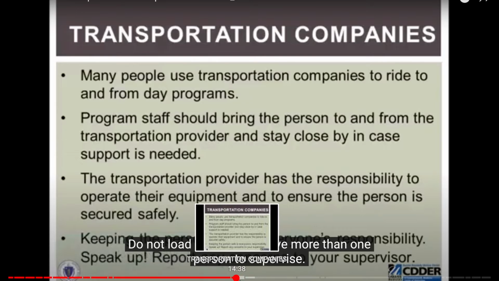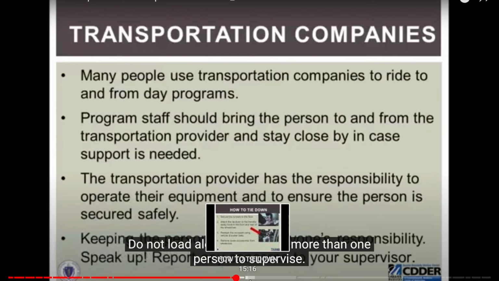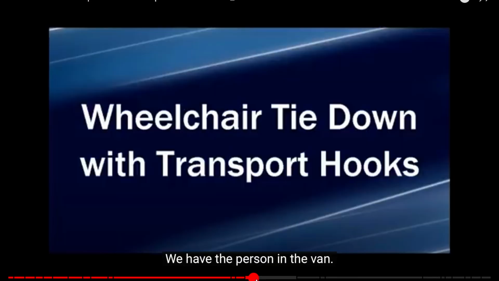All right, now let's go ahead and look at the patient actually being secured into the vehicle.